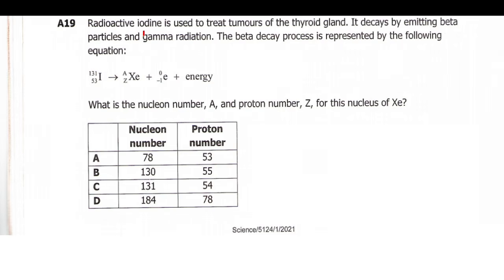So let's read. Radioactive iodine is used to treat tumors of the thyroid gland. It decays by emitting beta particles and gamma radiation. The beta decay process is represented by the following equation. So this is the equation that represents beta decay.